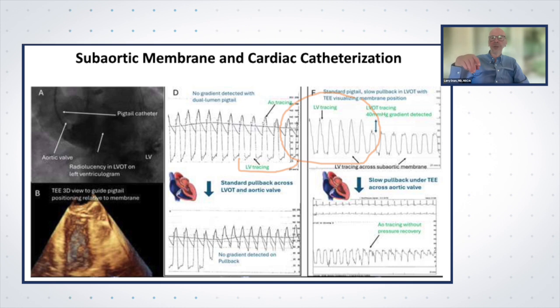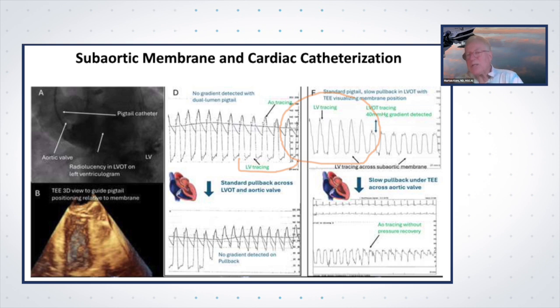So it's sometimes very difficult to pick that out and see the change as you pull back on the catheter. I think you're right. Now, this tracing would come from distal in the LV, and the tracing to the right of it would come from the point between the membrane and the aortic valve.